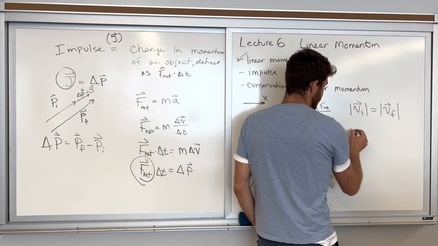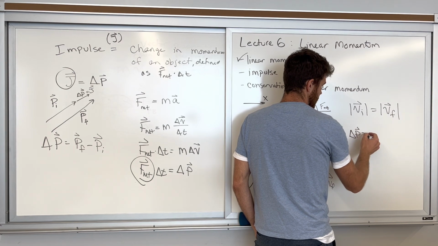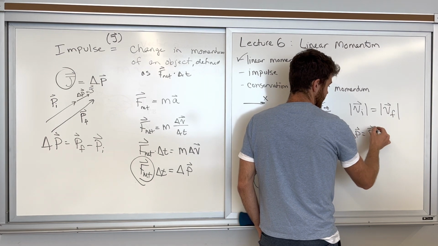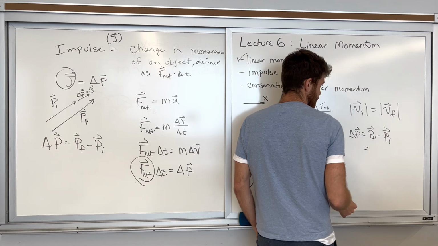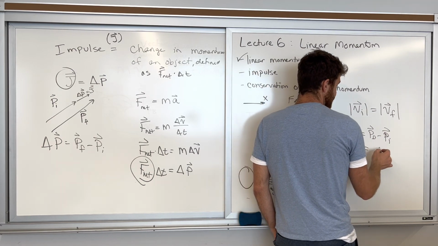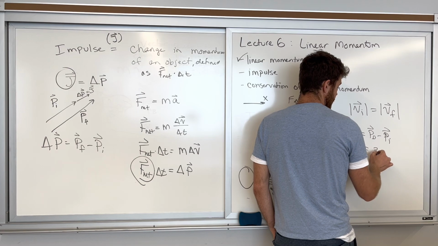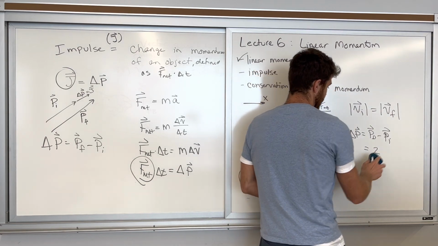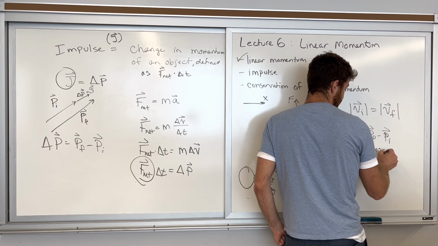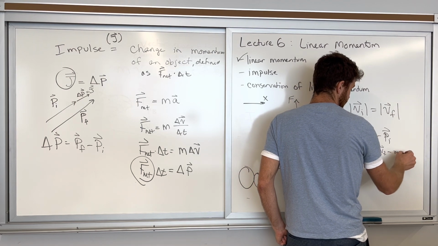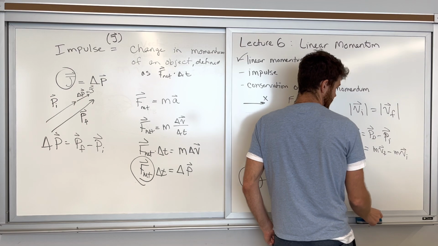So their change in momentum is equal to the final momentum minus the initial momentum. So final momentum is m v final minus m v initial. Okay.